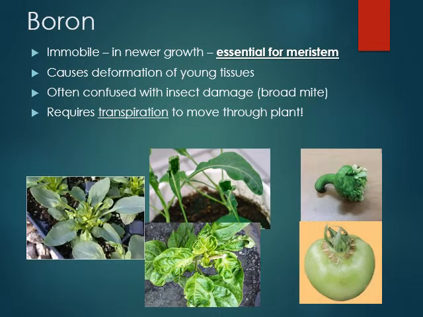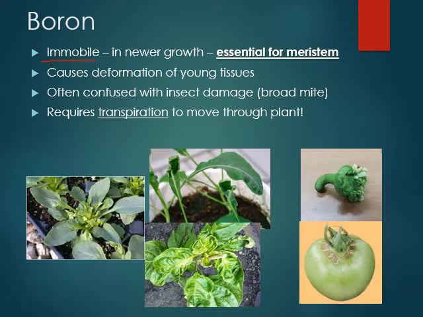Boron, we do run into. We talked about this with poinsettias, because boron is an issue, so is molybdenum. Boron is immobile, right? It's essential for meristematic tissues. So any new forming fruit or apical meristems, if you don't have enough boron, they become deformed.